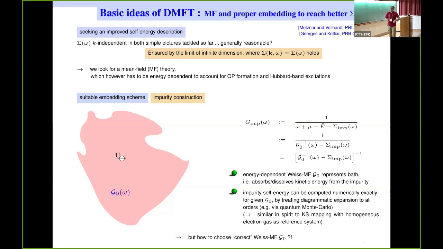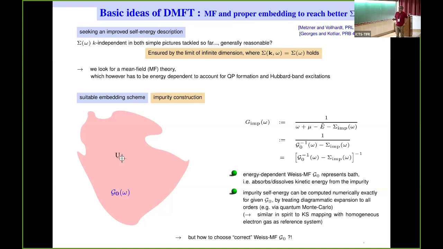So the idea is that you then focus still on a single lattice site, but embed it in a bath that absorbs more or less this high kinetic energy that you would have locally from putting the electron aside. So that the electron can hop into this bath and disperse and give credit to the Heisenberg principle, so to say.